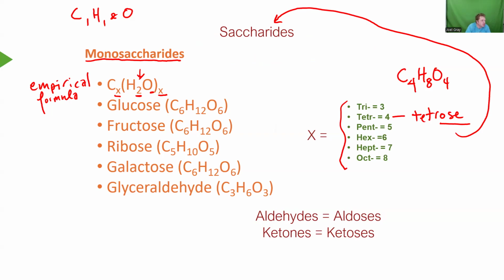Okay. Now here are some examples of very common sugars. For example, glucose. That's maybe the most common sugar that you've ever heard of or encountered. Glucose is also sometimes called dextrose. Glucose has six carbons, so that X right here would be a six. Then you would see that six over here, but we'd apply that to everything in the parentheses, which is how we would arrive at 2 times 6 or 12, and then 6 times the 1 for the oxygen, that would be 6 as well.